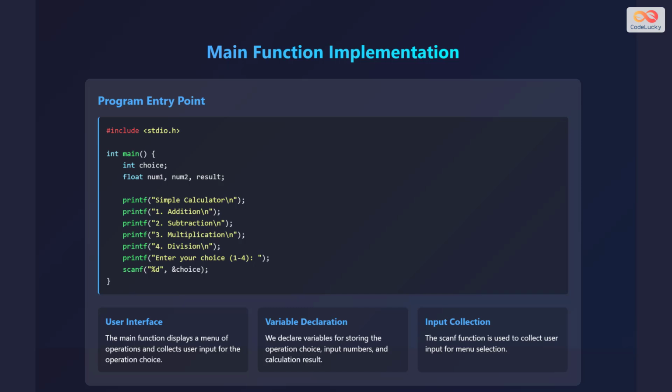We also declare two float variables, number1 and number2, to hold the input numbers, and a float variable named result to store the calculation result. The program starts by displaying a user-friendly menu of available operations: addition, subtraction, multiplication, and division. The program prompts the user to enter their choice, which is then read using the scanf function and stored in the choice variable.